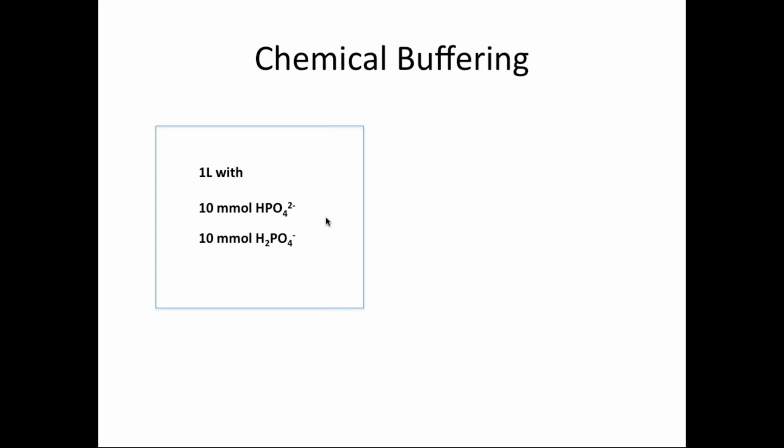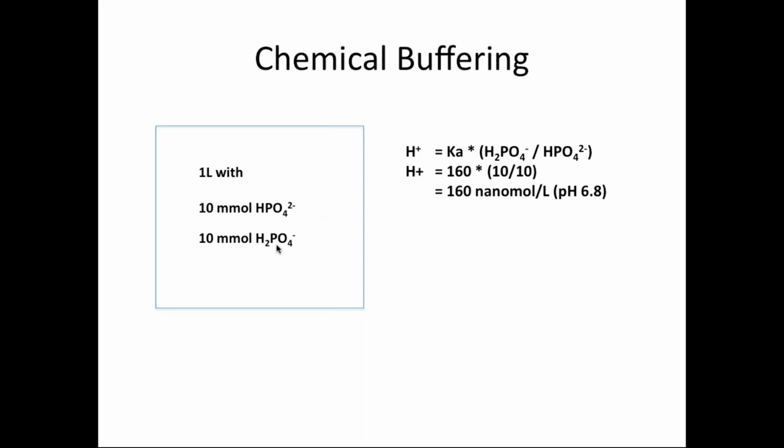So now let's look at chemical buffering. Let's take a solution of 1 liter with 10 millimoles of hydrogen phosphate and 10 millimoles of dihydrogen phosphate. For the H plus concentration, we'll look at the equation: the Ka multiplied by the dihydrogen phosphate divided by the hydrogen phosphate.